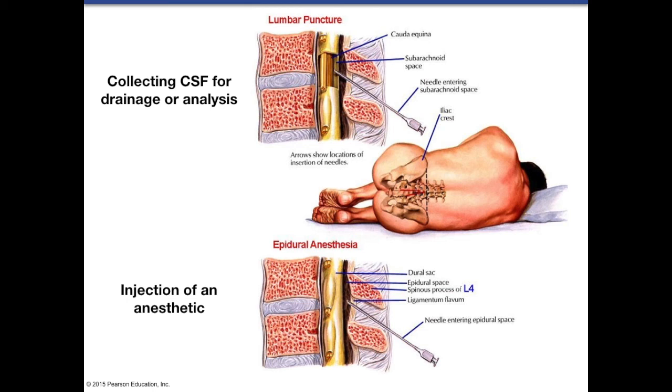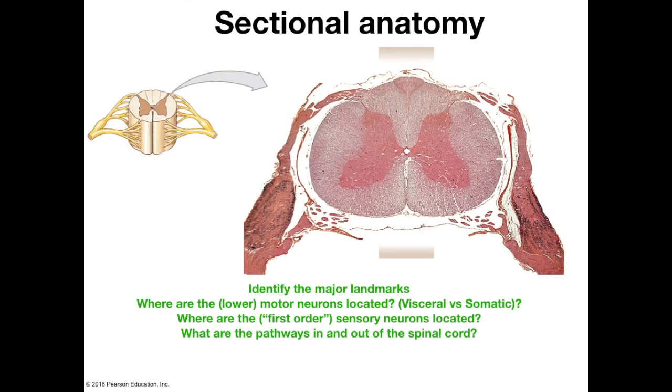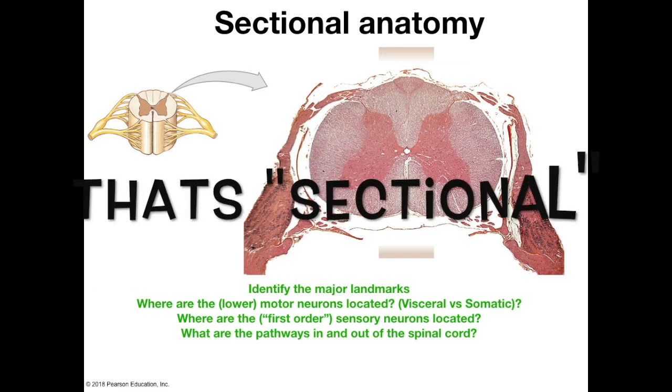And because of this, the anesthesia given in an epidural will not affect the nearby motor neurons, because those motor neuron cell bodies are located within the spinal cord. However, it does affect the nearby sensory neurons. And this is because the sensory neuron cell bodies are located outside the central nervous system. That will be covered in the next mini lecture on sectional anatomy of the spinal cord.